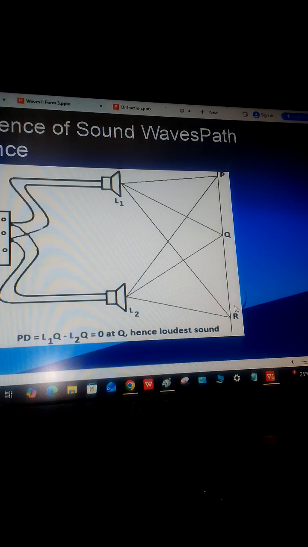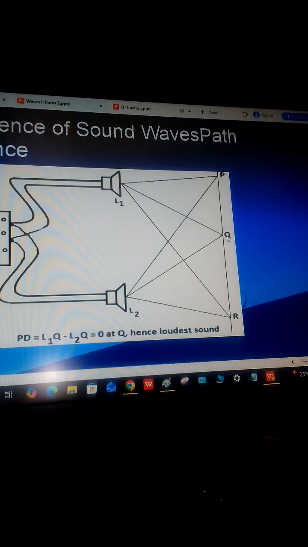So we shall be experiencing destructive and constructive interference along this line, PR. Okay, there's a point along this line, that is point Q, whereby the sound will be loudest. There will be constructive interference at this point.